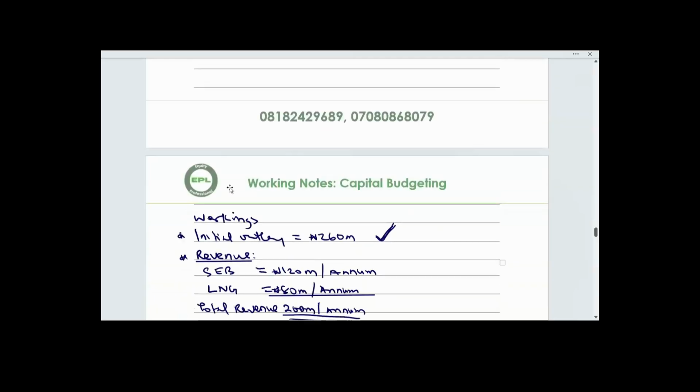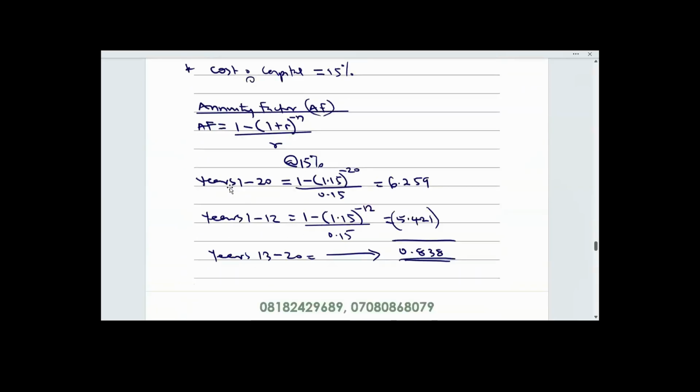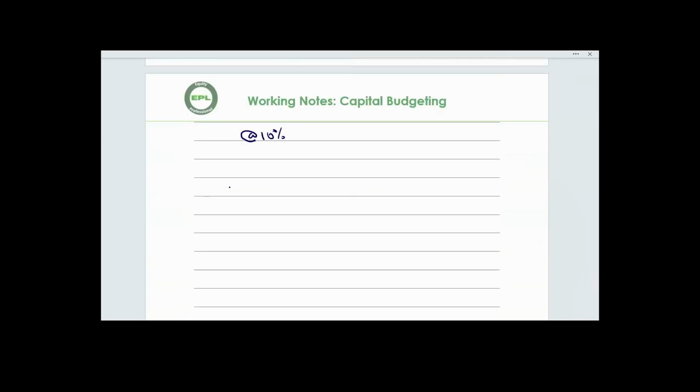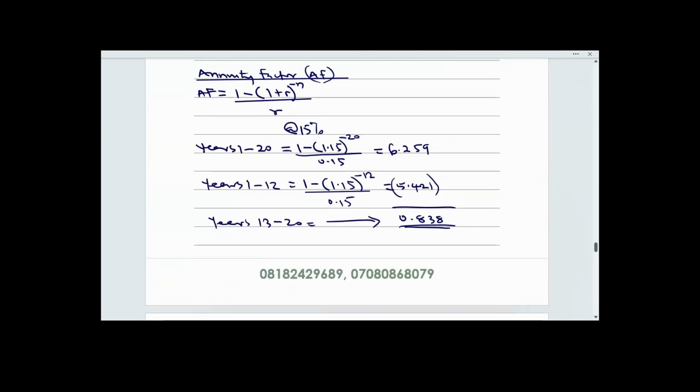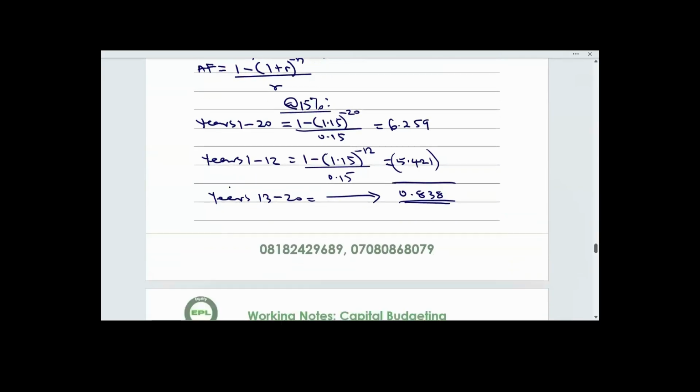So annuity factor at 10%. This is at 15%. Let me make it clearer.